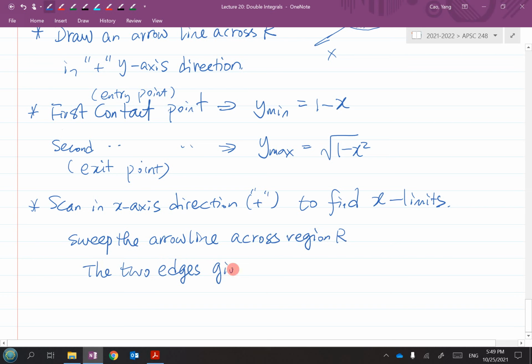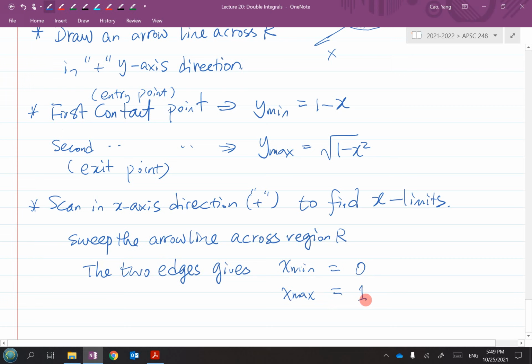The two edges will give you x min and x max. So obviously in this case, your x min is 0 and x max is 1. That's how the two edges are determined based on the region R.